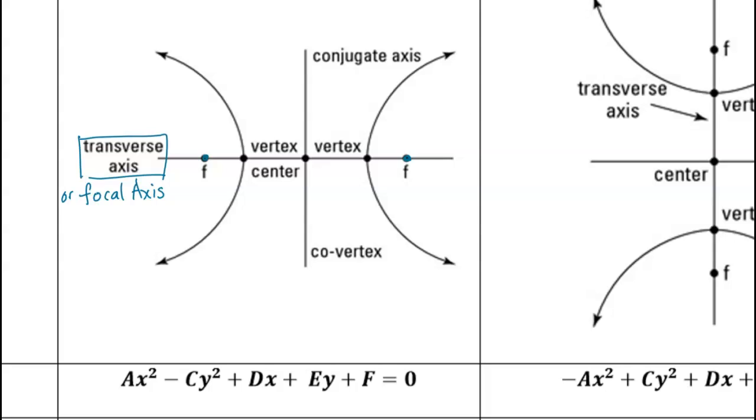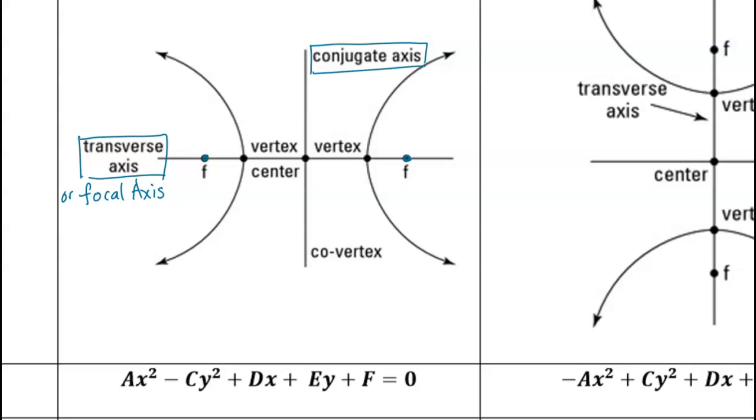I sometimes feel like mathematicians and scientists just change the names of things so that they can sound smarter. Like, ooh, instead of calling this the major axis, let's call this the transverse axis. That sounds more impressive. And instead of calling it the minor axis, for a hyperbola, they call it the conjugate axis. They're the same thing though.